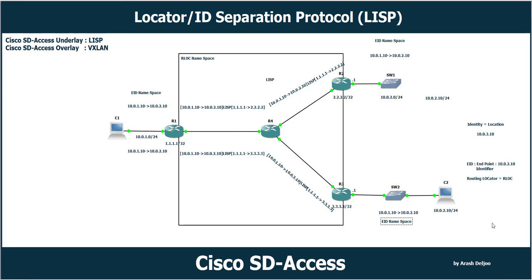For example, when we talk about LISP, this is an overlay and underlay network. Again, we can say LISP is a protocol where, if you want to use LISP, you have an underlay and also an overlay. You can see it easily here.